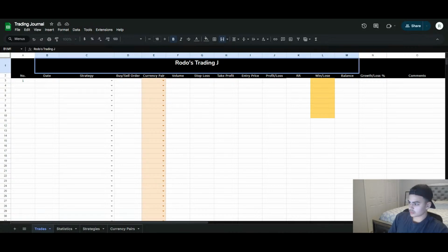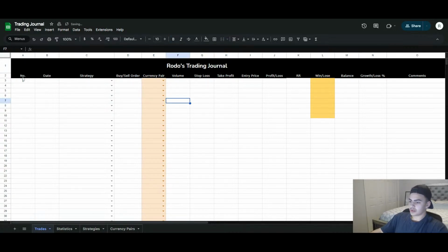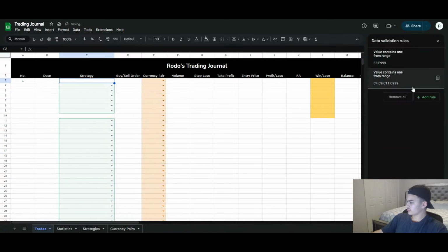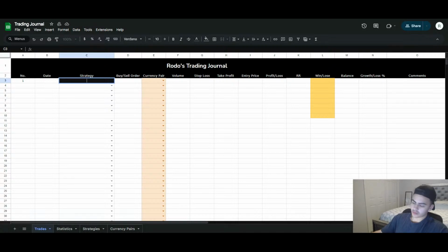Trading journal right there. So right here I have the number of trades I take, the date I took the trade, my strategy. I'm just going to call it overall range move. I'm going to call it trading 101.